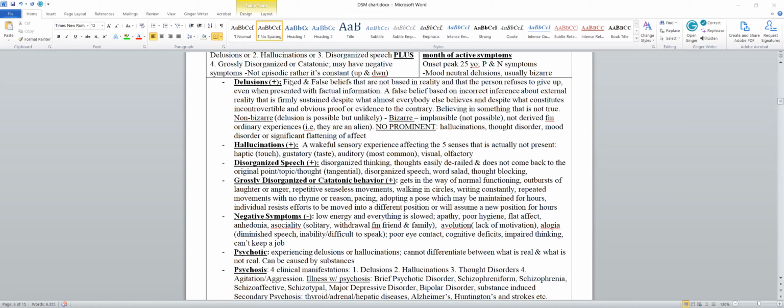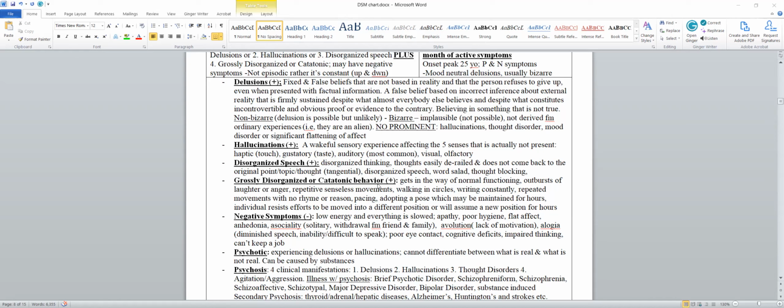So there are symptoms that are called positive symptoms and negative symptoms. The positive symptoms are delusions, hallucinations, disorganized speech, which is also referred to as disorganized thinking, grossly disorganized or catatonic behavior.